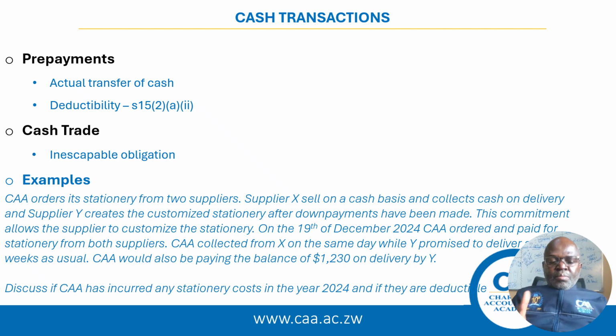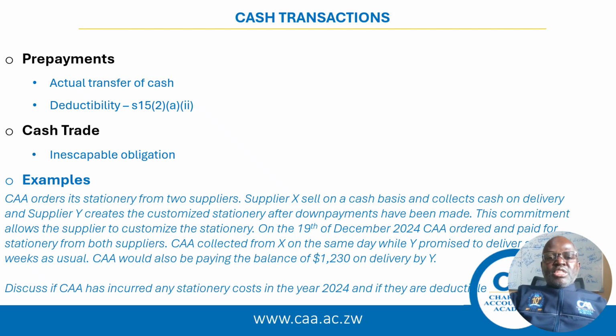And we are saying, is there an inescapable obligation? Does it relate to the current period? And section 15.2a will then say, look, if, like in this case, CAA went on the 20th of December and they were told 19th of December, paid some down payment, and they were told you will receive it 1 month later, which is in and around the 19th, 20th of January 2025.